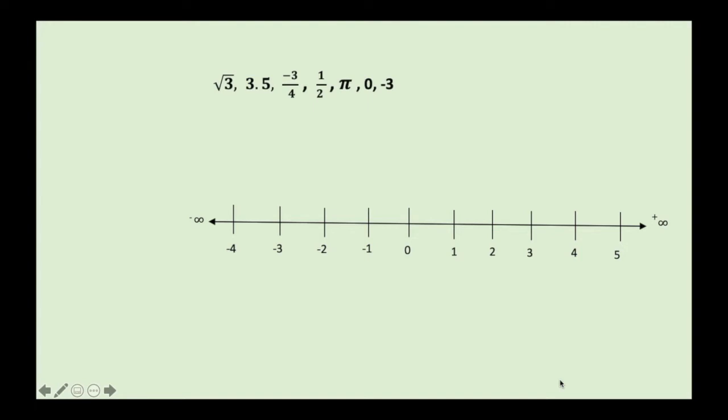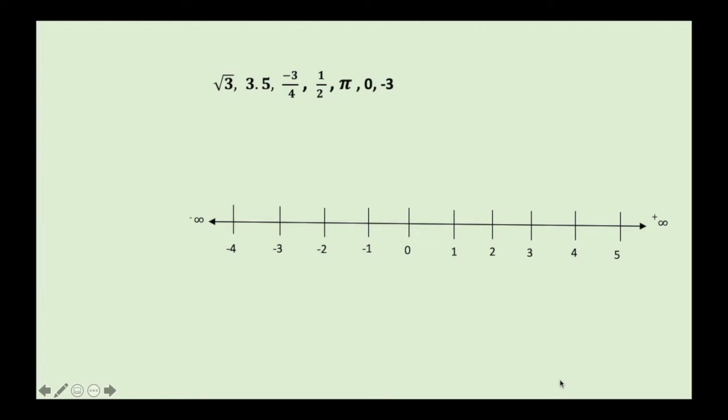Here we have 7 real numbers: the positive square root of 3, positive 3.5, -3/4, positive 1/2, positive pi, 0, and -3. Each of these numbers can be located on this number line, and then by doing so, we can organize the numbers in ascending order from left to right.